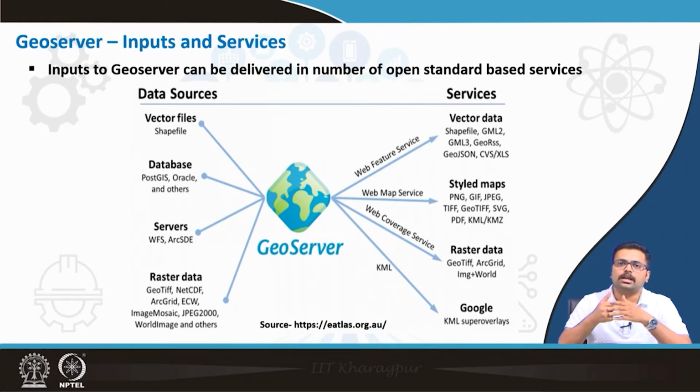You can bring in styled maps, whether in the form of PNG, JPEG or TIFF. You can also bring in the raw raster data as such in the form of GeoTIFF, that is the web coverage service. And finally you can also bring in Google data, that is Keyhole Markup Language, which you can also overlay in Geoserver.